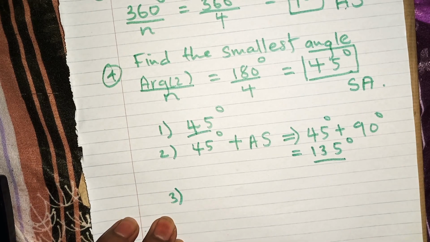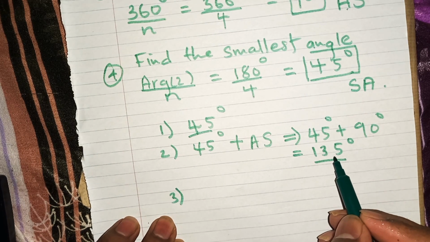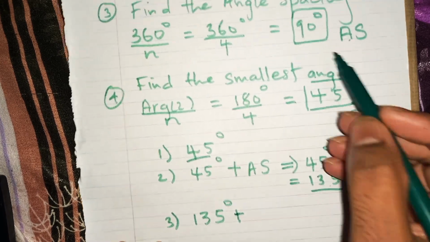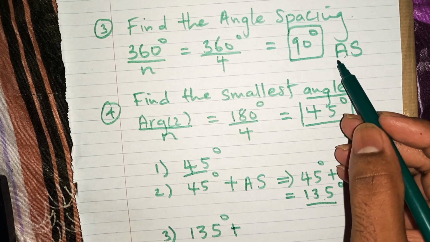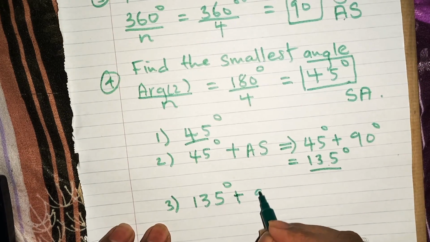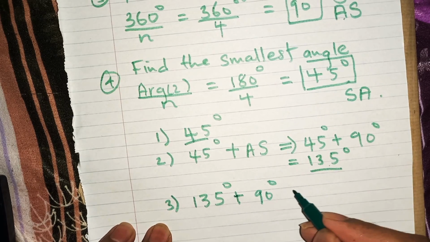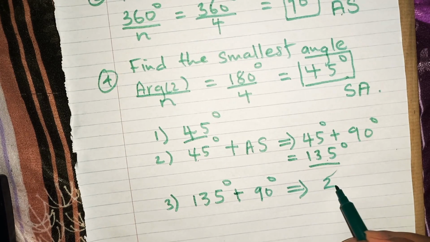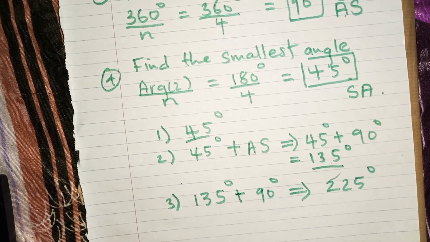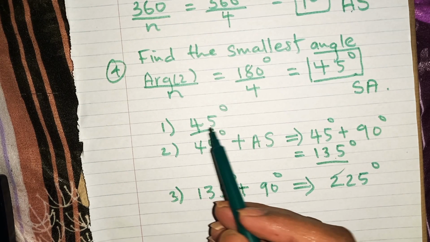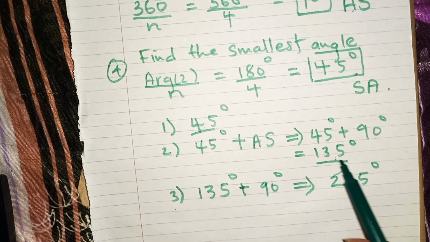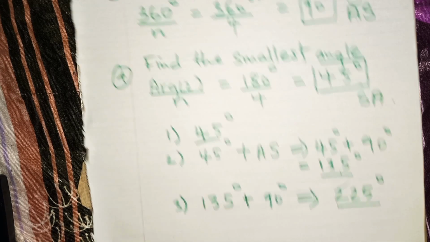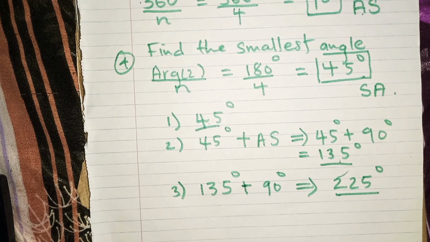Now moving on to the third one. The third angle will be basically this angle, 135, plus again our angle spacing, because this is the spacing that we have between the angles. So plus another 90 degrees. So this will be 225 degrees. So we have found our first, our second, and our third angle. We have to find a total of 4 angles, because we have n equal to 4.